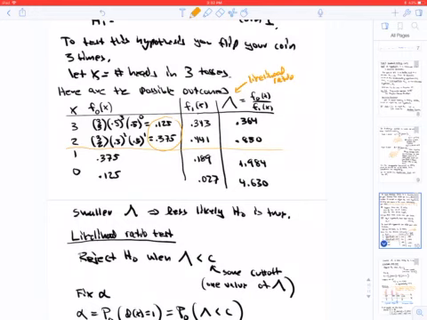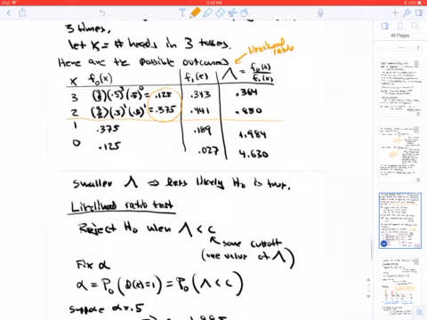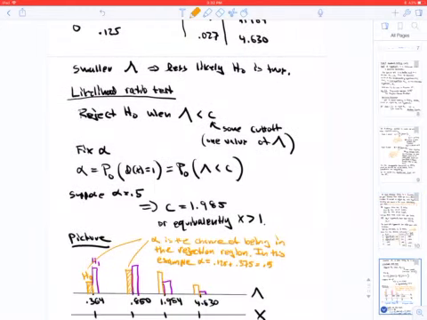So alpha is the probability that you reject when the null is true. So above the line that I just drew is the probability that you reject when the null is true. In other words, the probability that I get more than one head is 0.375 plus 0.125.